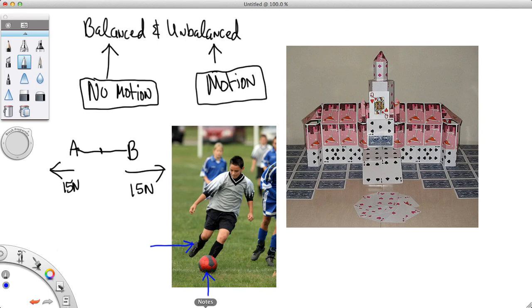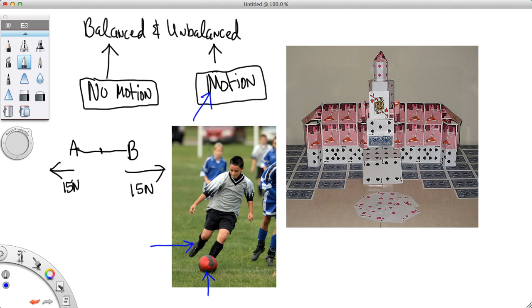The ball is just sitting on the ground. The force is greater, causing it to move. Eventually, the force of the ground starts to overtake the force of his foot over time, which is why the ball eventually stops. But for a short amount of time, the force of him kicking the ball is greater. This is an example of unbalanced because there is motion that occurs.